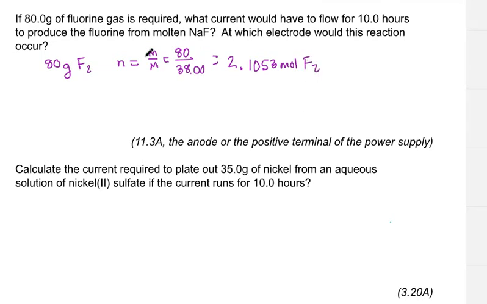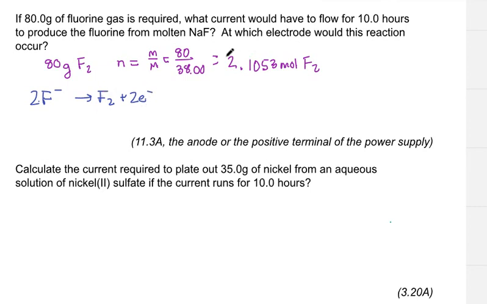But our formula wants moles of electrons, so we have a bit of work to do. The reaction that makes fluorine is at the very top of the table, and we're doing it in reverse. It's 2 fluoride ions turning into fluorine gas and releasing 2 electrons. The important part of this is the 1:2 ratio. It takes 2 electrons to make 1 fluorine.